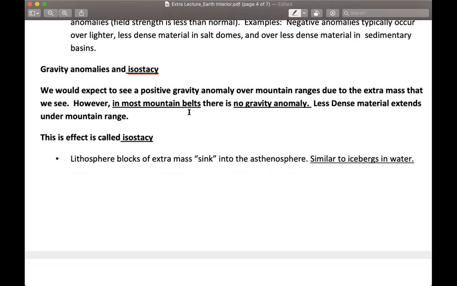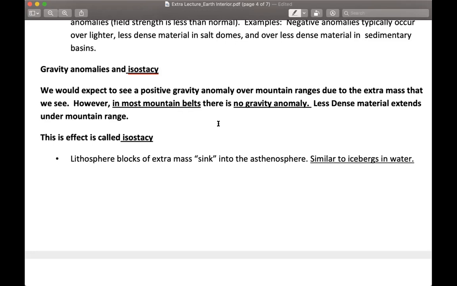So there should be some positive gravity anomaly, because you are accumulating materials into one region. But actually it is not seen very clearly. That means wherever you have a mountain, there should be some gravity anomaly, but it is not the case, right?